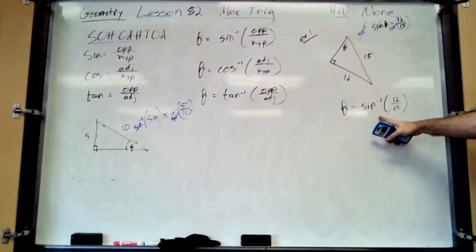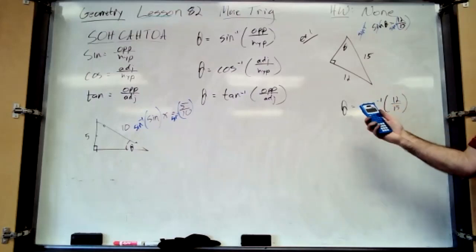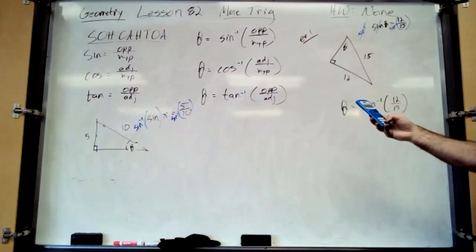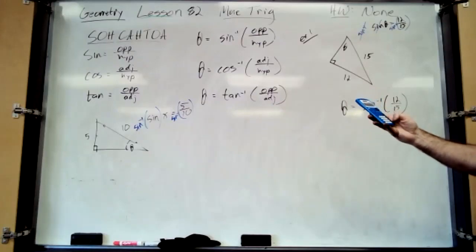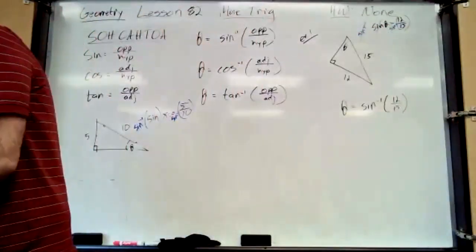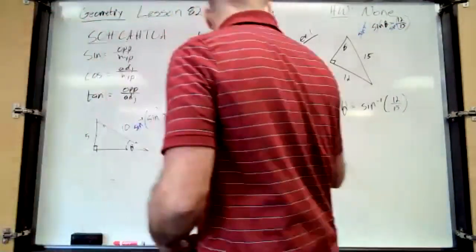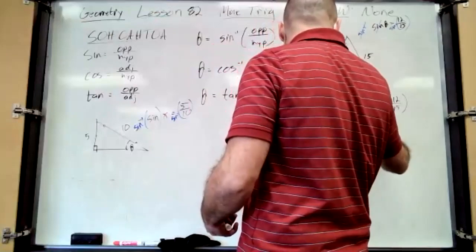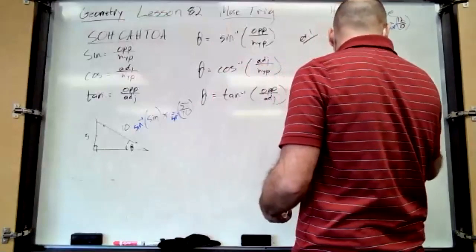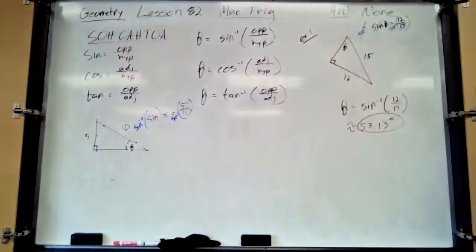So I'm going to hit second, sine, and then 12 divided by 15, and I can put another parenthesis if I want, equals, and then 53.130. Usually you round angles to the nearest hundredth. So we're going to say approximately 53.13 degrees. That's how you find an angle in a right triangle. We've never known how to do that before.